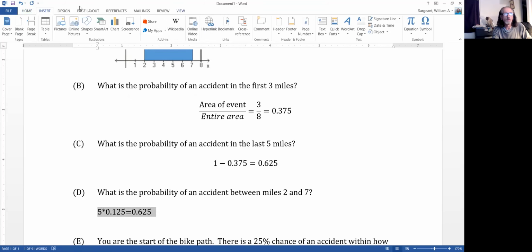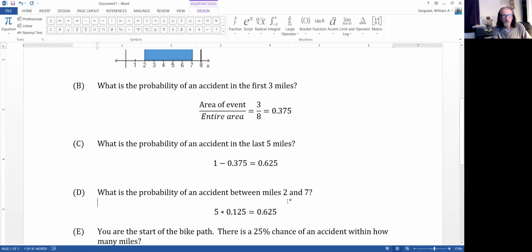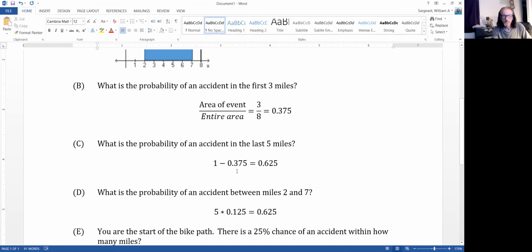But in the meantime, the last part of this question: you're at the start of the bike path. There's a 25% chance of an accident within how many miles?